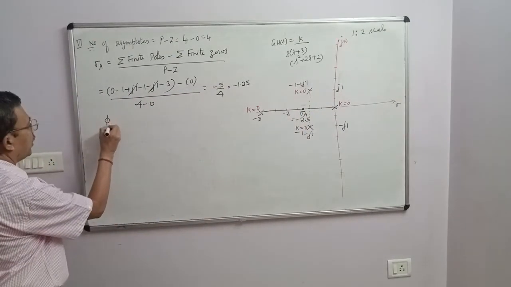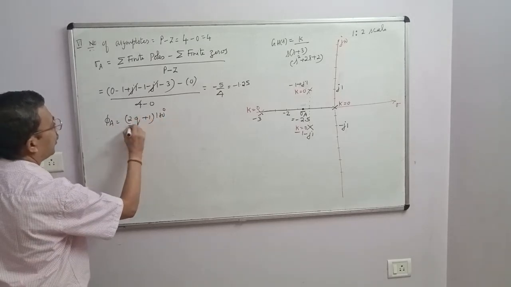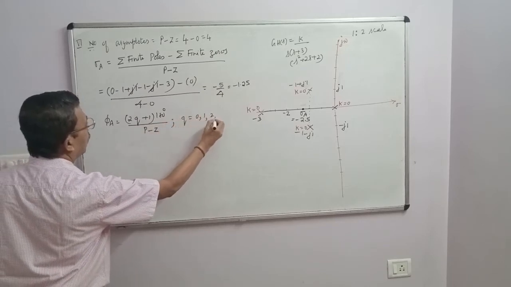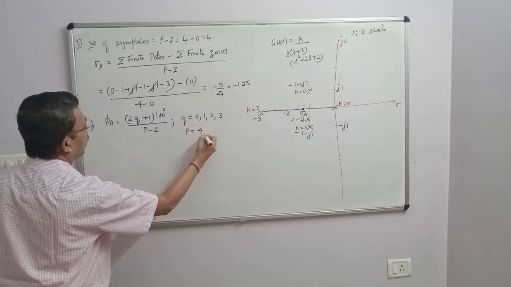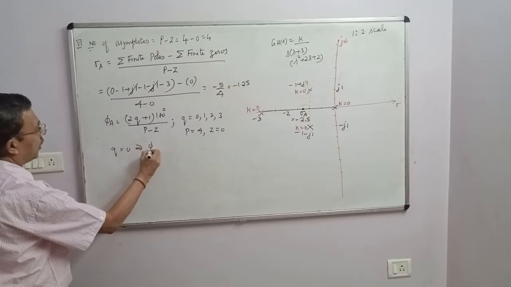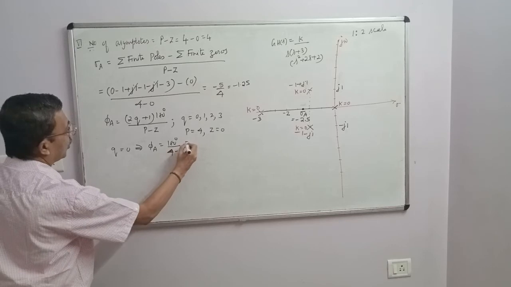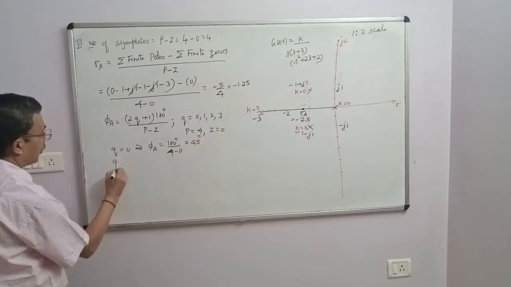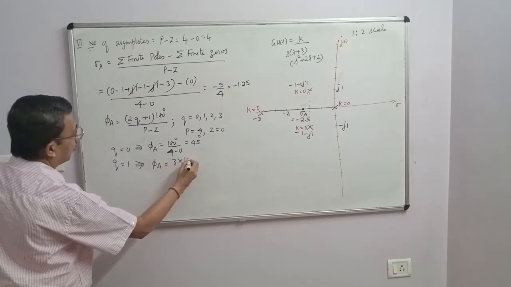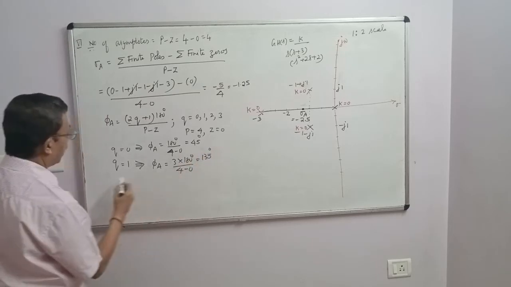Phi A, what is phi A? Phi A is equal to (2q plus 1) times 180 degrees divided by P minus Z. Q takes values 0, 1, 2, 3. P is 4 here, Z is 0. Q equal to 0 gives phi A equal to 180 degrees divided by 4 minus 0, which is 45 degrees. Q equal to 1 gives phi A equal to 3 times 180 degrees divided by 4, which is 135 degrees.